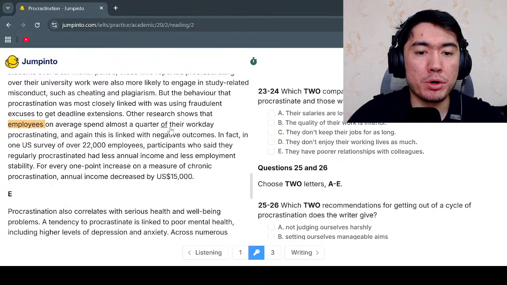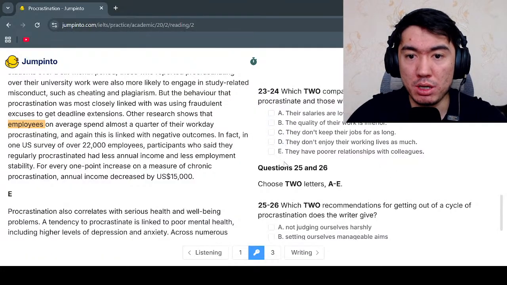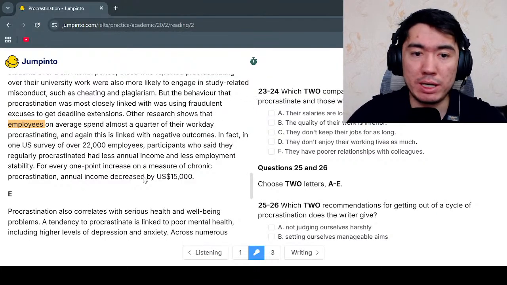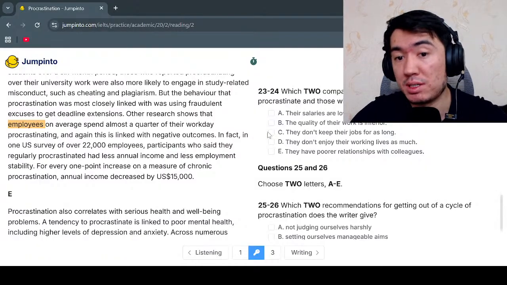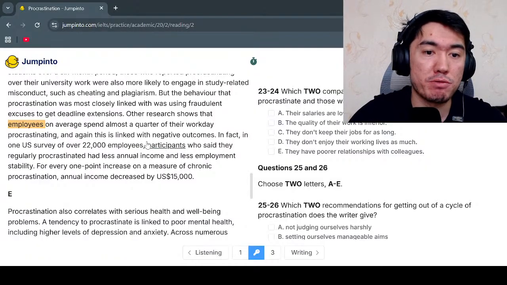Spent almost a quarter of their workday procrastinating, and again, this is linked with negative outcomes. In fact, so my strategy here is not to read the options. Use the location keyword to find where the answer is, and then just read around that, understand both answers, and then come back to choose them, find them from the list.